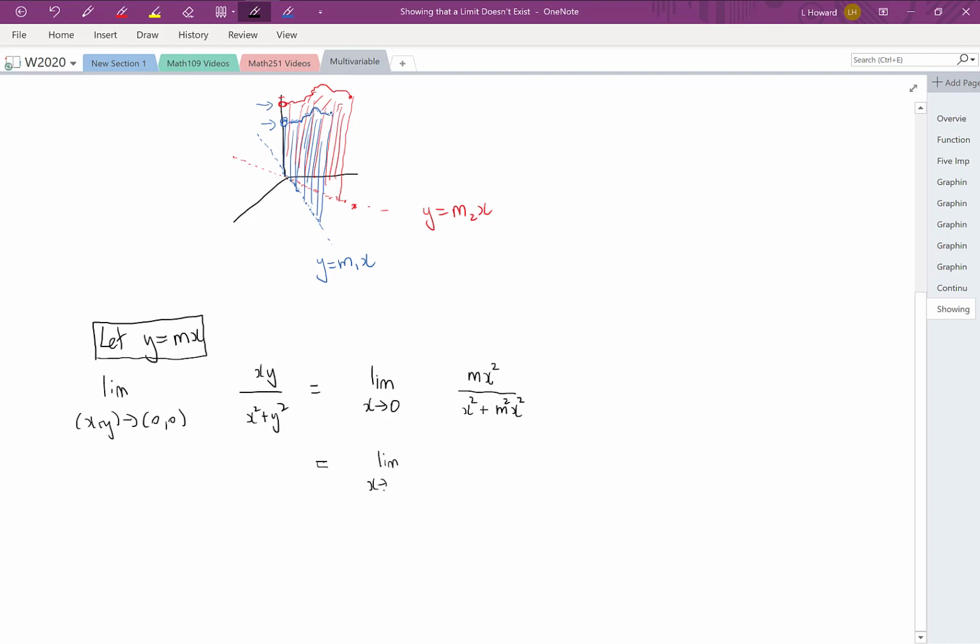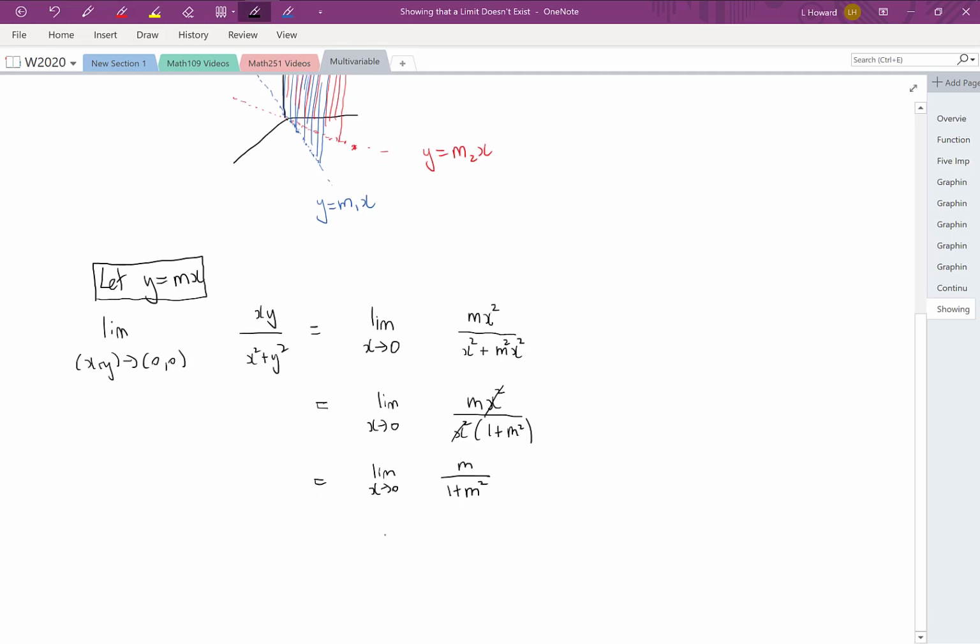So this is the limit as x goes to 0 of m times x squared over x squared times (1 plus m squared). That way we can cancel that factor of x squared from the top and the bottom, and we'd have the limit as x goes to 0 of an expression that doesn't have any x's in it: m over 1 plus m squared. Because there are no x's left in that expression, this is just the constant m over 1 plus m squared.